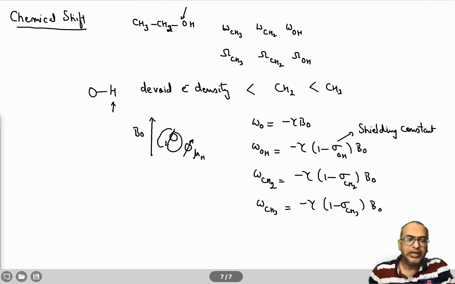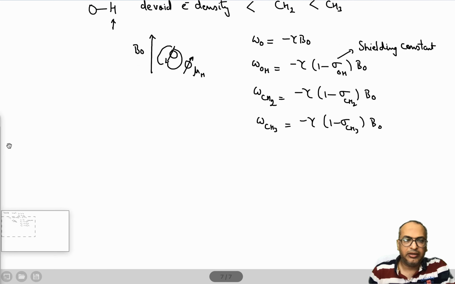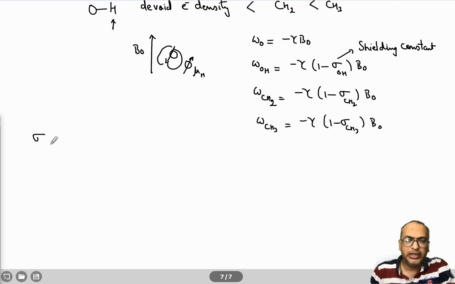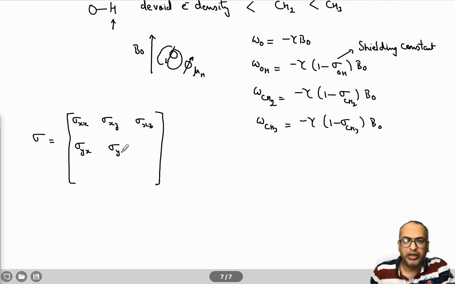So the shielding constant is actually a tensor quantity. The different components of this tensor are sigma xx, sigma xy, sigma xz, similarly sigma yx, sigma yy, sigma yz, sigma zx, zy, zz.